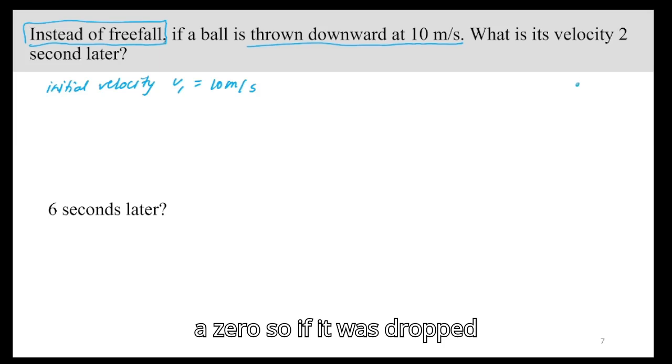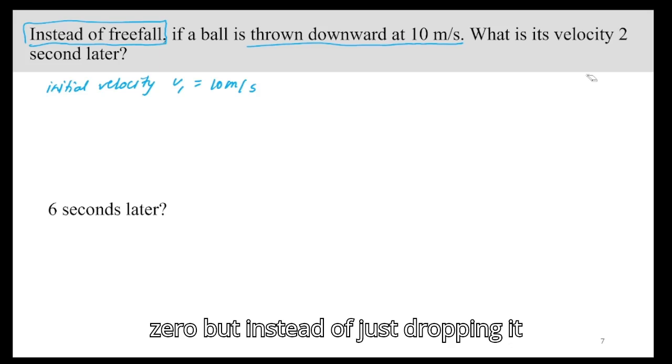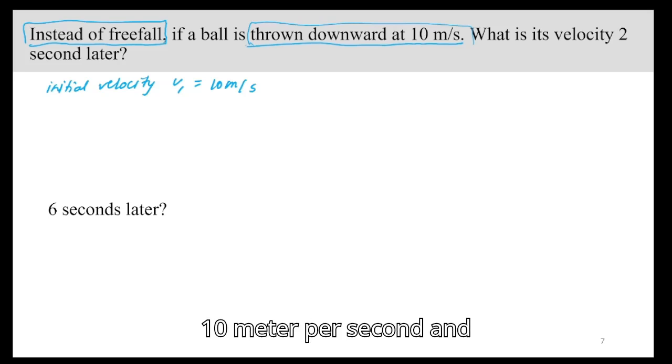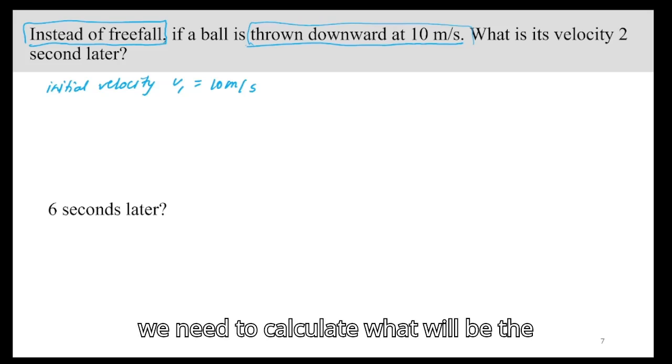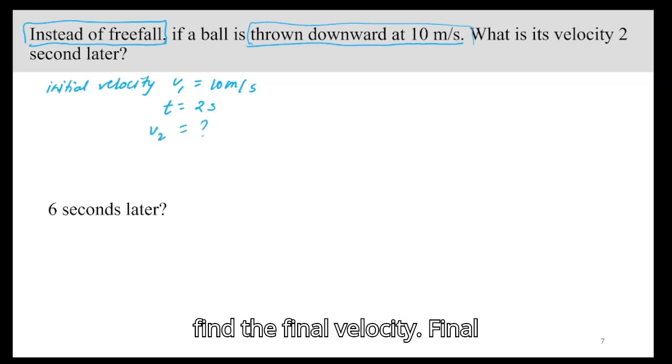So if it was dropped, then our initial velocity would be 0, but instead of just dropping it, the ball is thrown downward at 10 meter per second, and we need to calculate what will be the velocity after 2 seconds. So time is 2 seconds, and we are asked to find the final velocity.